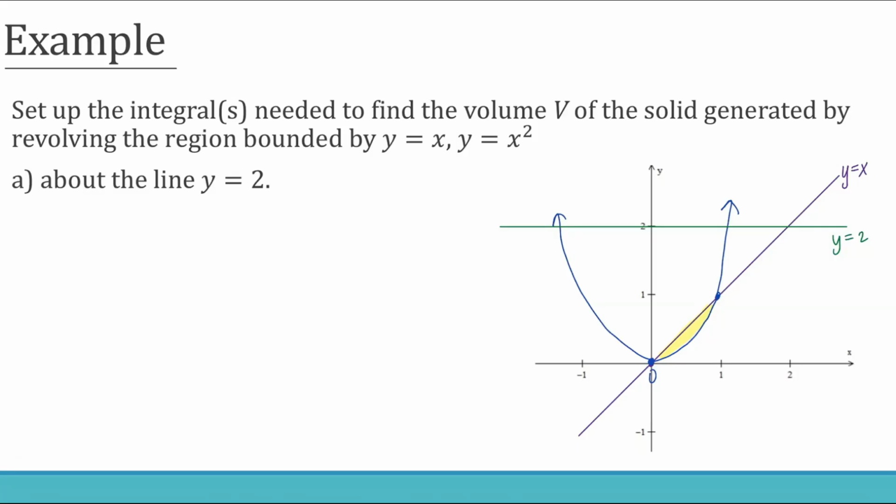We can still do that. So we want to identify whether we're going to be using the disk or washer method here. Since we've clearly shaded the region that we're rotating, and it's not right up against the axis of rotation, in fact there's a huge gap here, this is going to be a washer method. So we're going to have this big radius and this small radius involved. So let's get started with our setup.